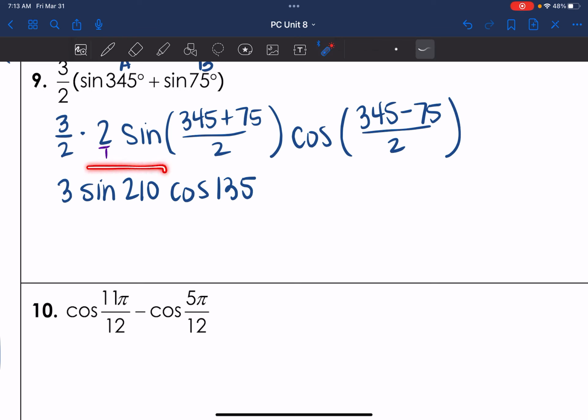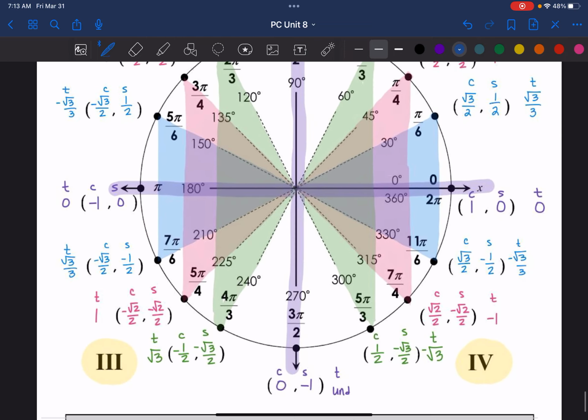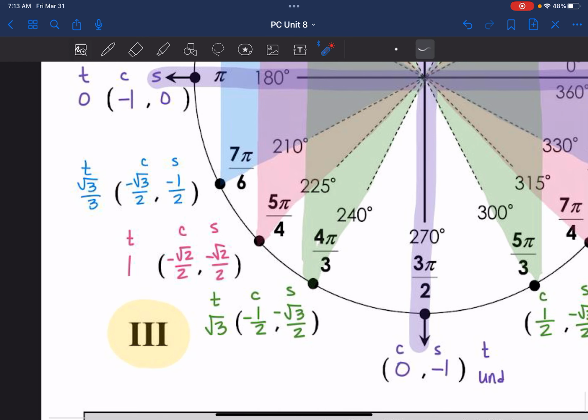Okay, so sine of 210 and cosine of 135, those should be on the unit circle. So I'm just going to bring down this 3 that's in front. But now let's find the value of sine of 210. So to the unit circle, 210 is down here. And out of these 3, sine is negative 1/2.